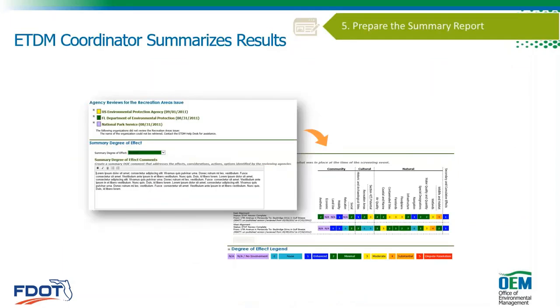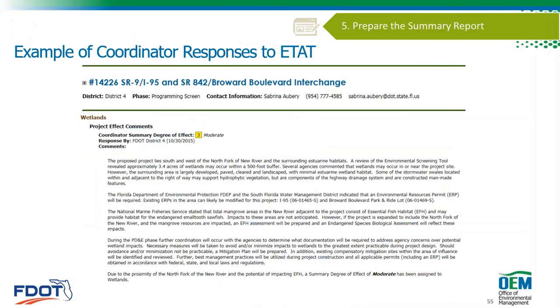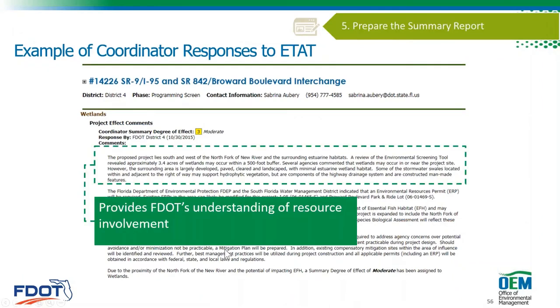And to go into a little bit more detail about preparing the summary report, I've got an example here that shows some coordinator responses, just to point out that first there's the summary degree of effect, as Pete mentioned. That's where DOT decides, especially if there are differences in opinion with ETAT, what that summary degree of effect is.